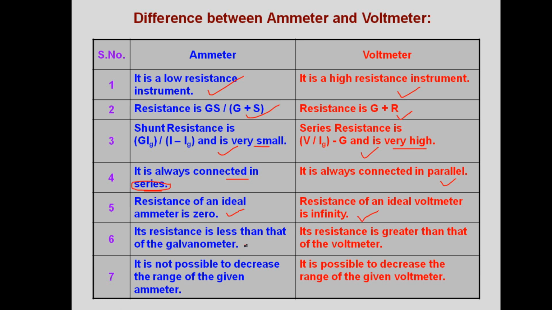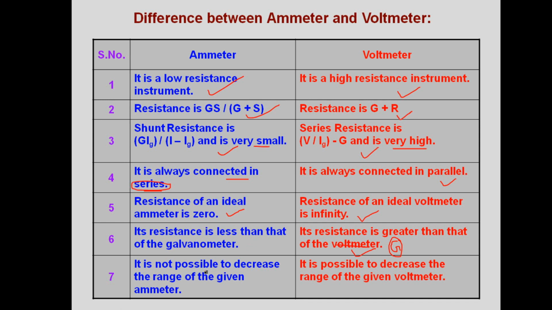Resistance is less than the galvanometer for ammeter, while in voltmeter it is greater than that of the galvanometer.